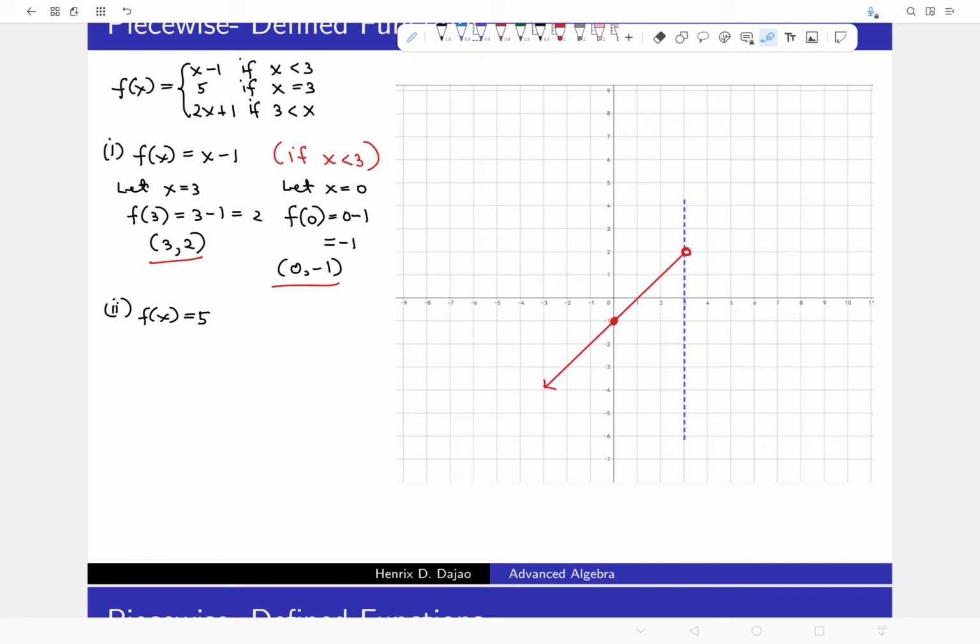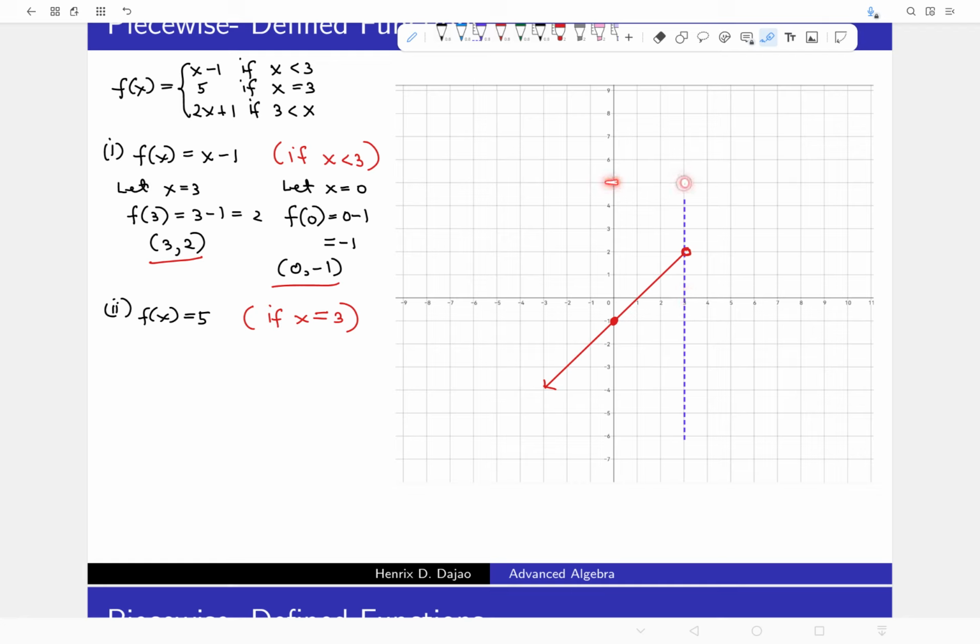Now we are going to use the definition of the function f, that's f of x equals 5, only if your x is equal to 3. Okay? So if your x is 3, then your f of x is 5.